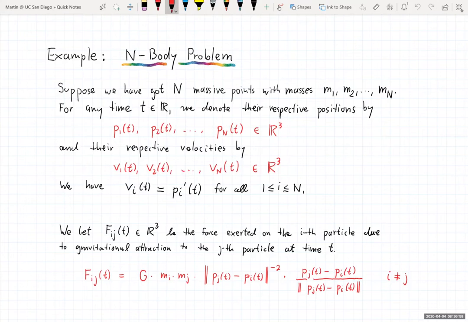So for each pair of particles, we need to consider force vectors. And formally, well, we let Fij of t be the force that is exerted on the ith particle due to gravitational attraction to the jth particle.